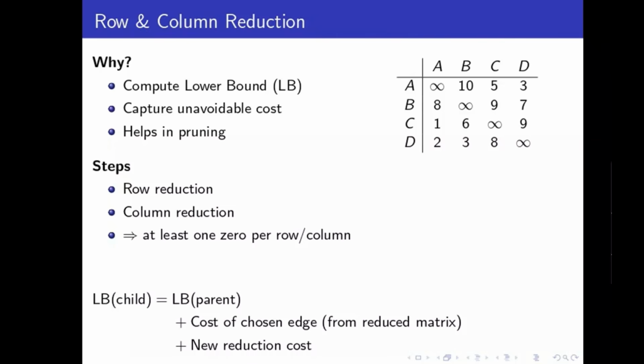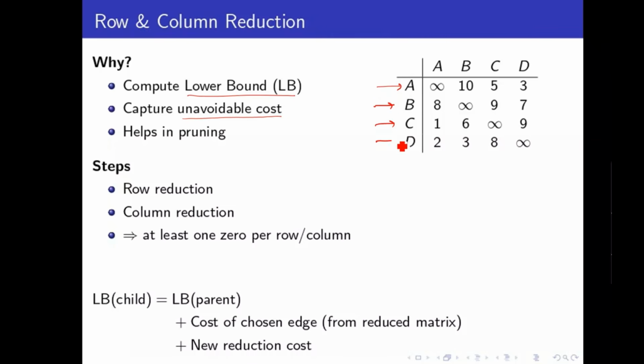So let us see how we can calculate the lower bound for traveling salesman problem here. So the lower bound will be calculating like this. This is the unavoidable cost. For that, what we will do? We will take the row minimum.